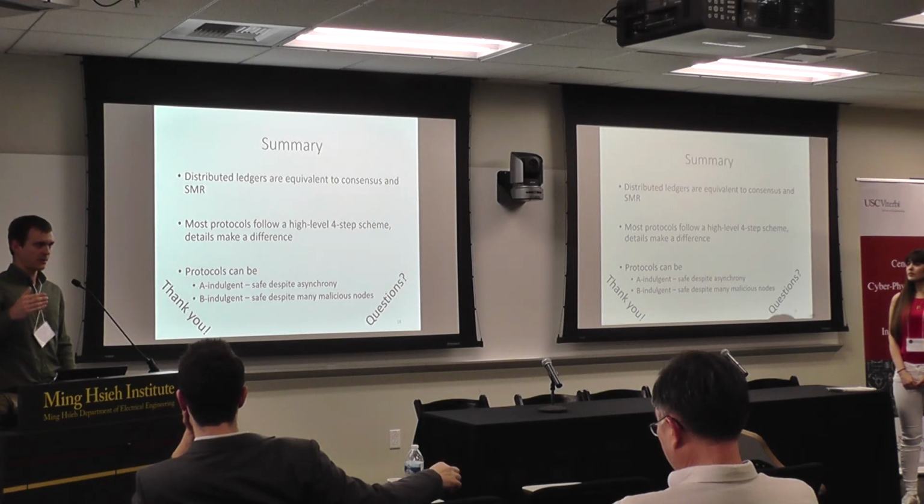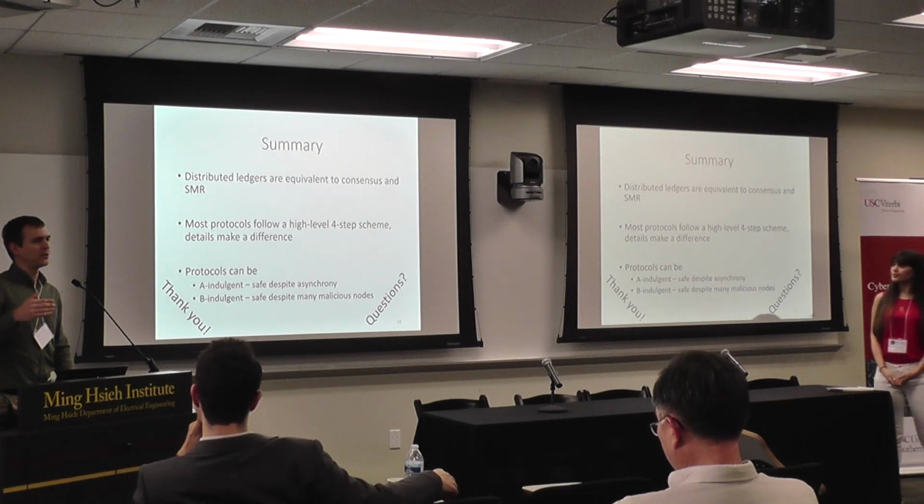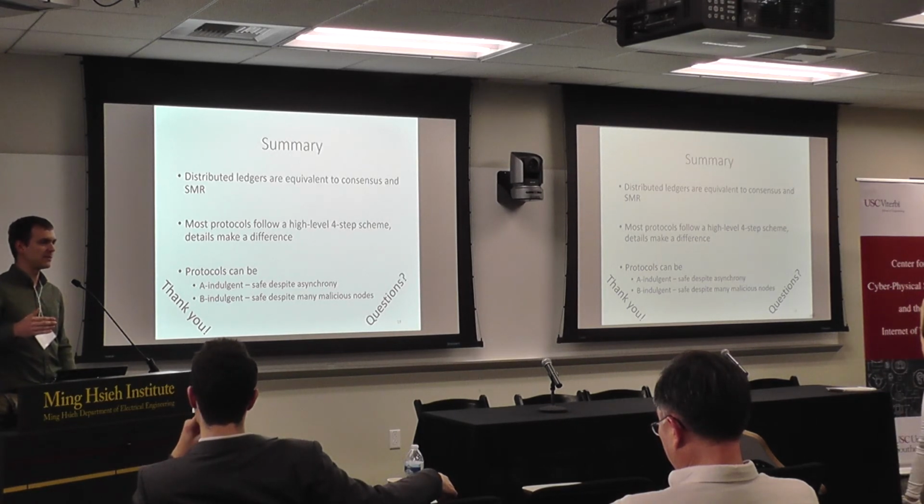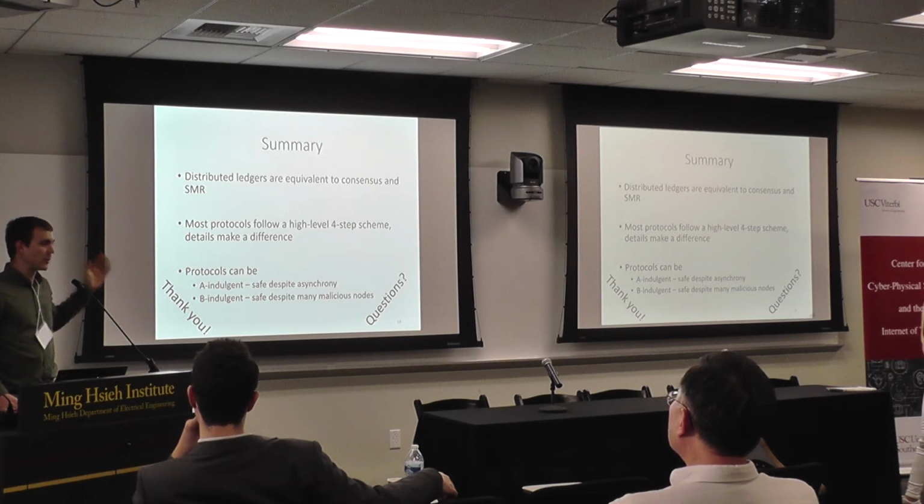And the properties this abstraction has are either considered safety properties or liveness properties, where safety properties define what must never happen. For example, in consensus, the agreement property, meaning each node outputs the same value, is a safety property because it can be easily checked when it's broken.